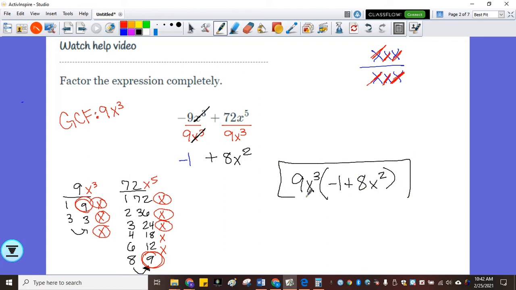Okay, so remember, after you take your greatest common factor out, bring it back in after you factor, because 9x cubed times -1 is negative 9x cubed. 9x cubed times 8x squared is 72x to the 5th.